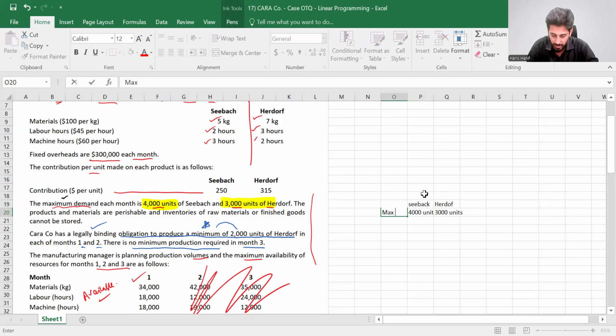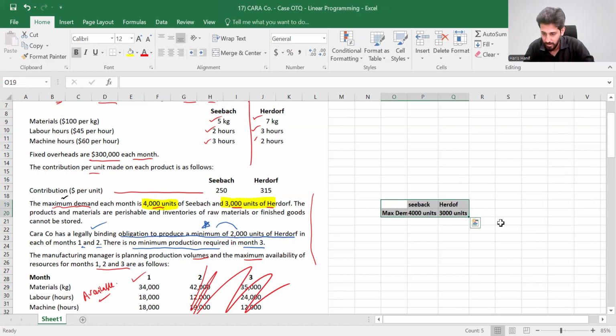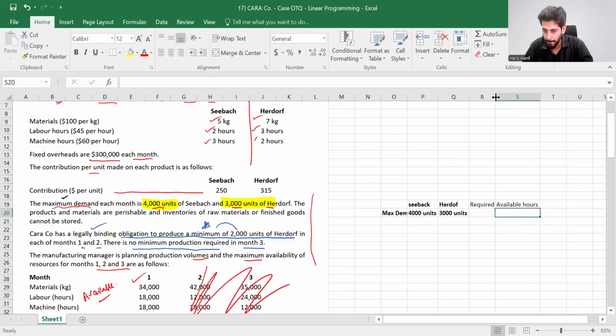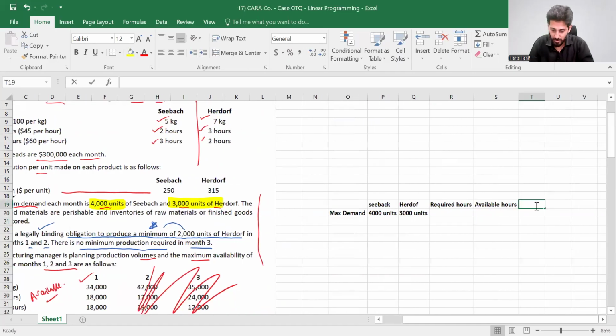That's the max demand. Then required hours, available hours, and shortage.